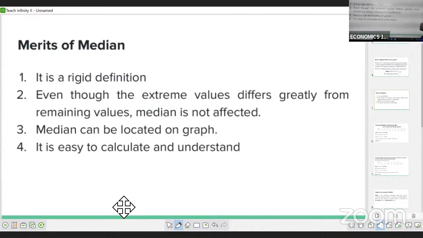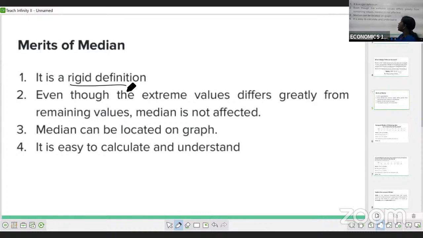Then what are its merits? What is its importance? The median has a rigid definition, meaning it is not changed, it is fixed.